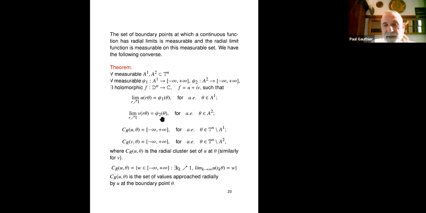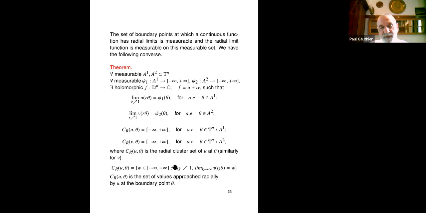The imaginary part V tends to psi2 for almost every point of A2. And the cluster set elsewhere is total. The cluster set of U on the complement of A1 is total, and the cluster set on the complement of A2 of V is total. Here C_R U(theta) is the radial cluster set of U at theta, similarly for V.